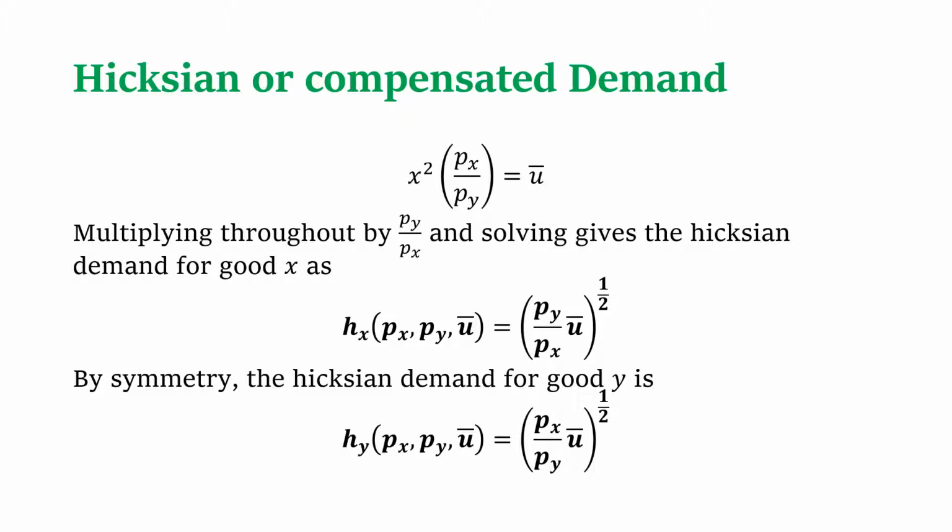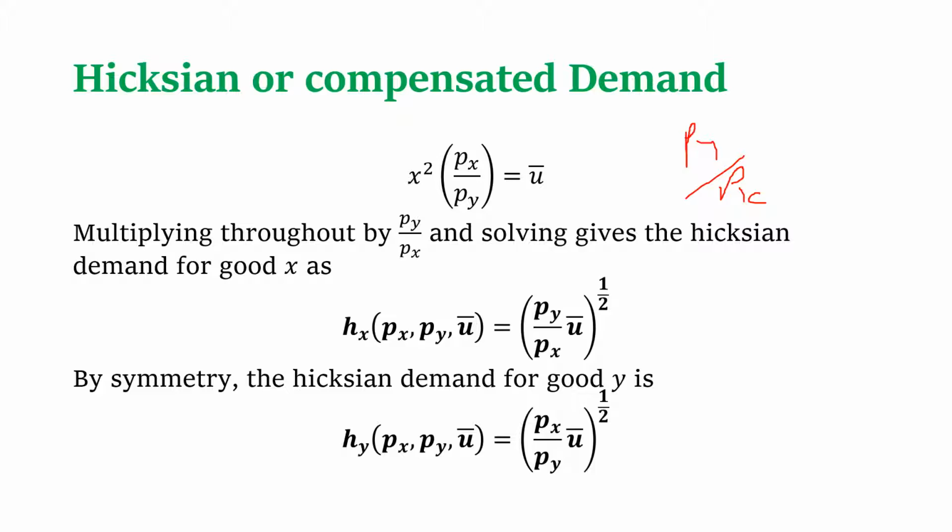So what do you do now to get rid of px over py? You are going to multiply both sides by py over px. If you multiply the left-hand side by py over px, this one will cancel this. And then you have to do the same thing for the other side.